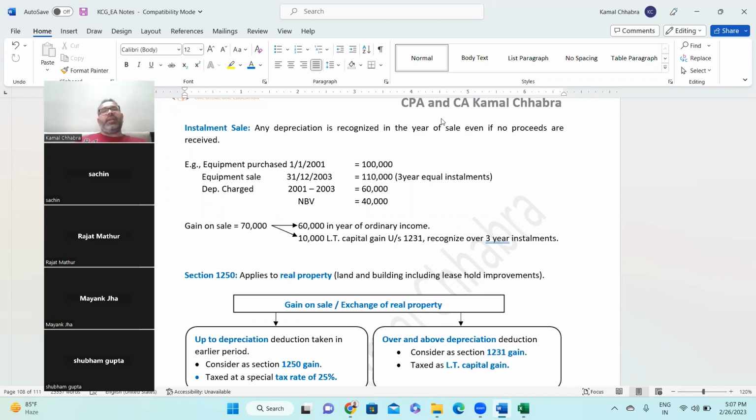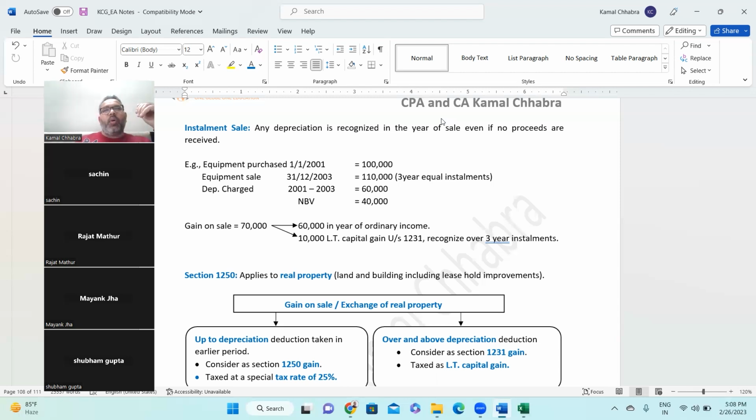Right? In that 70,000, you have 60,000 relating to the depreciation which you have recaptured and 10,000 over and above. So that 60,000, on which you have already claimed the depreciation expense in the ordinary income and expense, needs to be considered as ordinary income to be taxed at 25%.